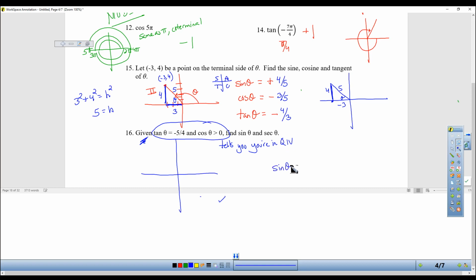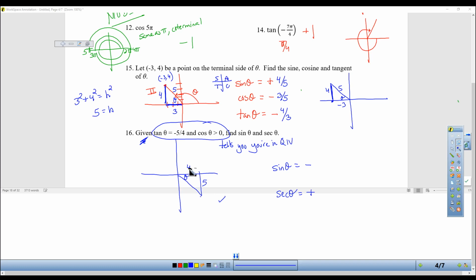Which means right away you might want to do this first. Sine is going to be negative, and secant, which goes with cosine, is going to be positive. So go ahead and draw your triangle. Remember, always draw the theta next to the x-axis. Tangent is opposite over hypotenuse. Now, it came out to be negative.